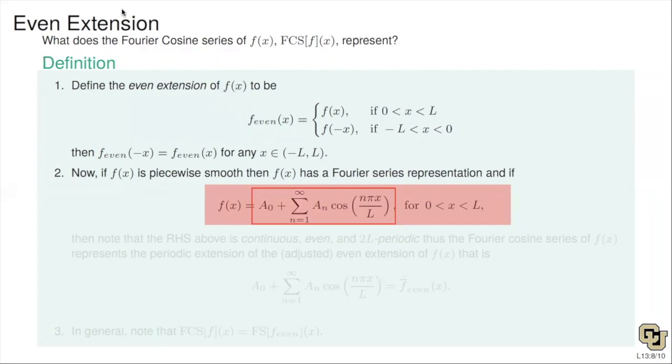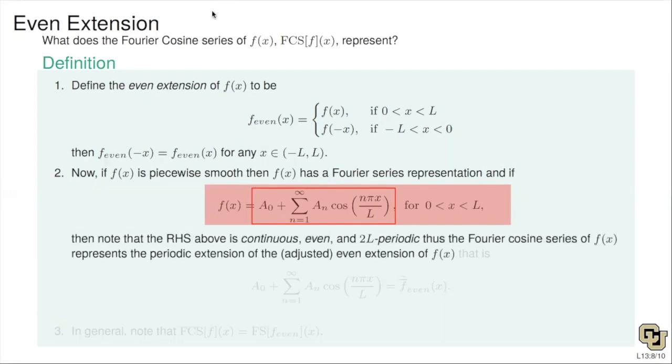So I hope you know what I'm going to say: the right-hand side represents the periodic extension of this even extension of f of x, and it's been adjusted. That is to say, wherever there's a jump discontinuity, the function's redefined to be the value at the average, and wherever there's a removable discontinuity, that's been filled in. This is because of the continuity smoothing properties of Fourier series, which we talked about weeks ago.